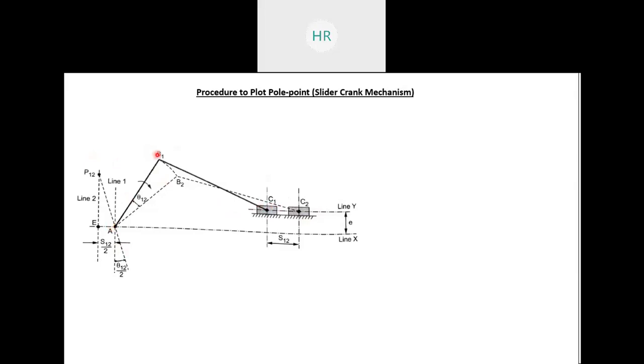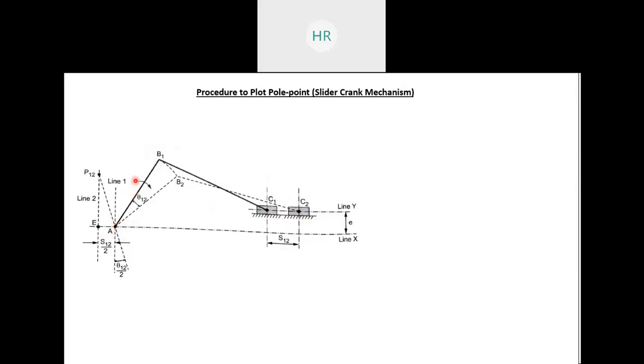So AB1 is the crank, B1C1 is the connecting link, and this gray color rectangle is actually the piston or slider, you can say. So AB1C1 is the first position of this crank and slider mechanism.